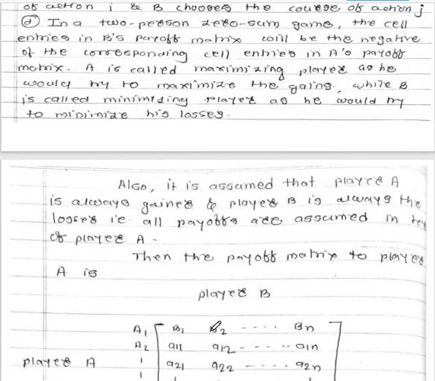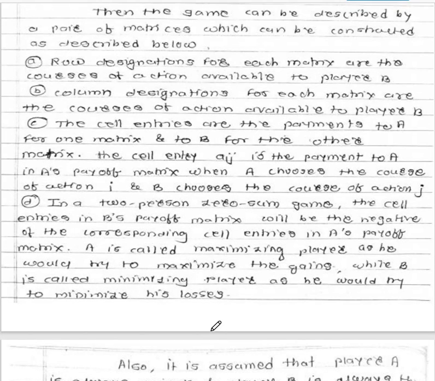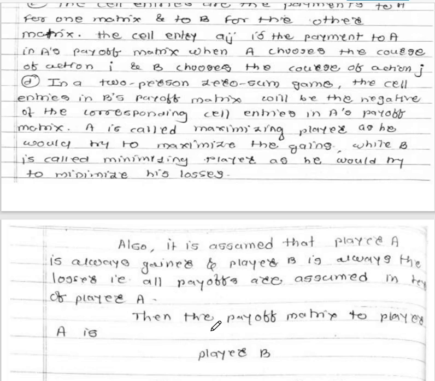So we can say that both players will try to maximize their gain and minimize their losses. It is assumed that player A is always a gainer and player B is always a loser. That is, all payoffs are assumed from the point of view of player A.